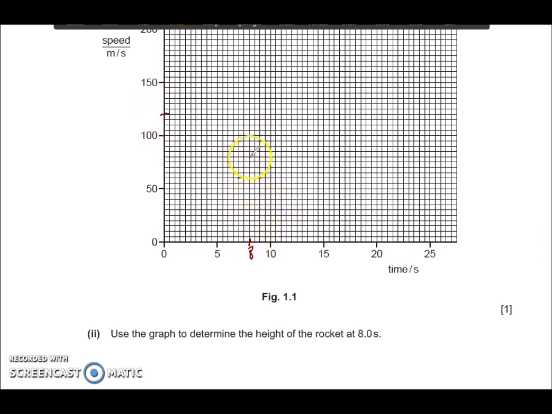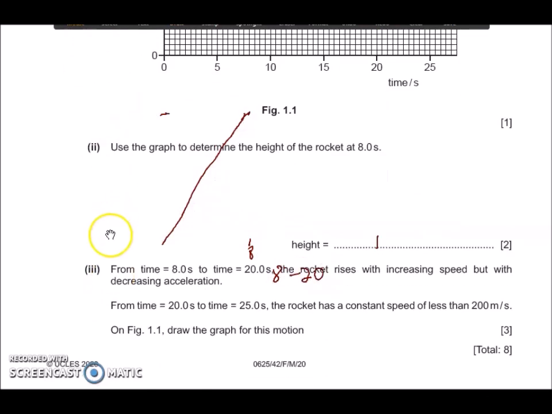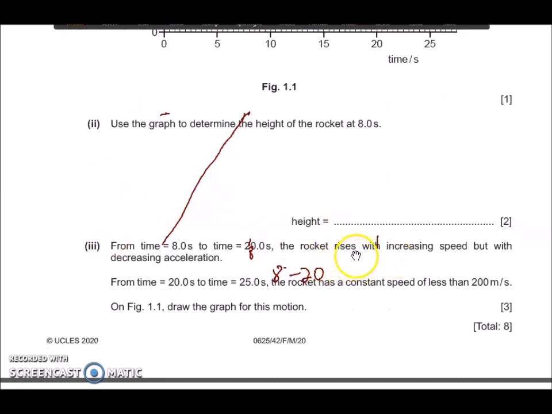At this point we were getting a straight line, and then 8 seconds to 20 seconds. So what's the question there? Let us repeat. The rocket rises with increasing speed but with decreasing acceleration.